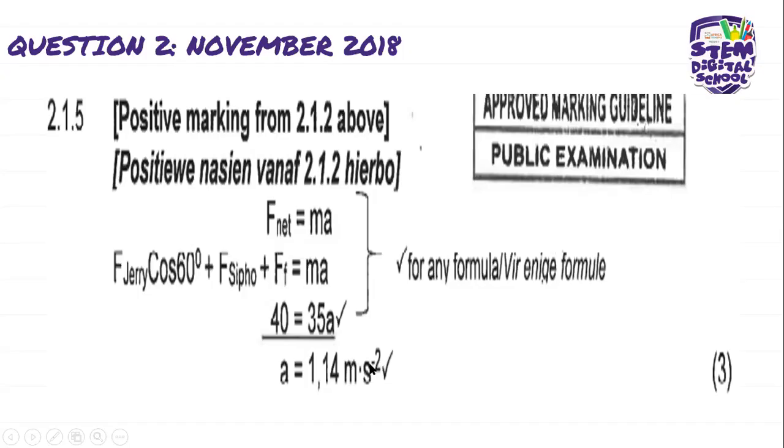And to say per means that it is a negative power. So it's meters per second squared. And that is where we get our 3 marks: 1 mark for the formula, 1 mark for the correct substitution, and 1 mark for the acceleration. Are we together? Then we move to question 2.2.